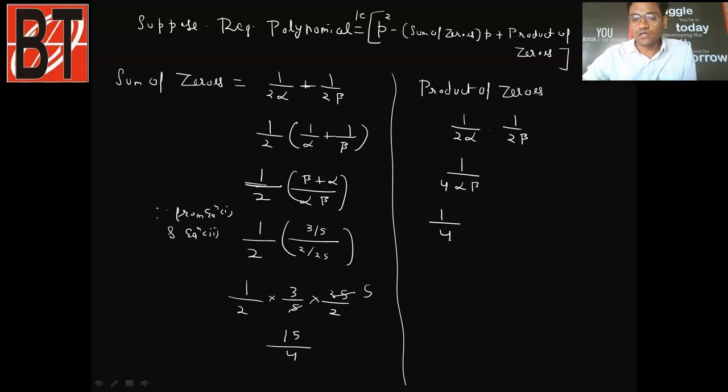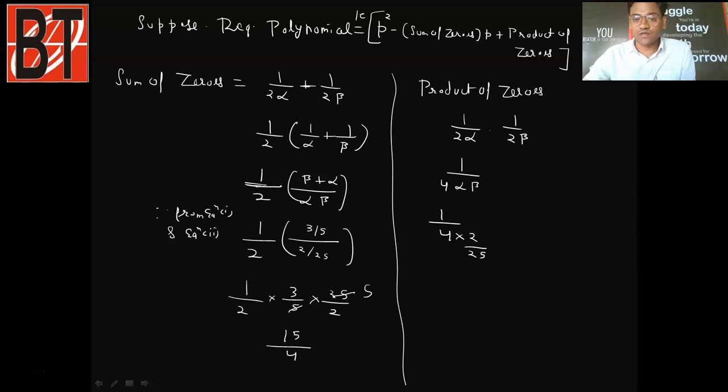Here also I will be writing from equation number 2 only. What was the value of alpha beta? It was 2 by 25. This 25 will go in the numerator, and in the next step I will be taking that into the denominator.